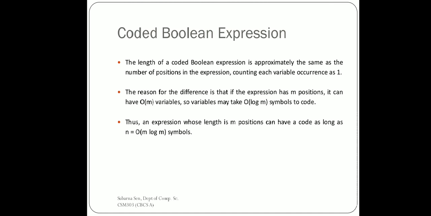Why log m? Because we are following a binary pattern, so there will be 2 choices, which converts to order of log m. So if we have to do it for m positions, each taking order of log m, that turns out to be order of m log m.